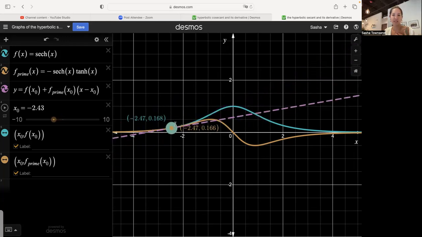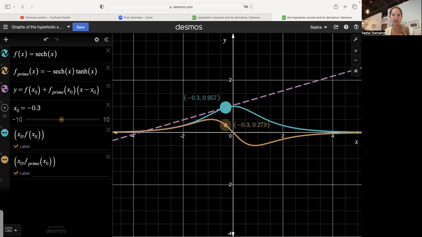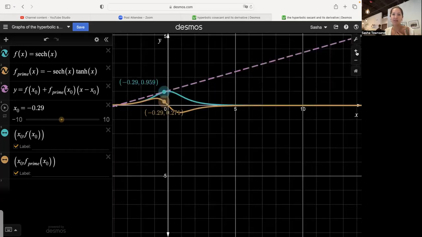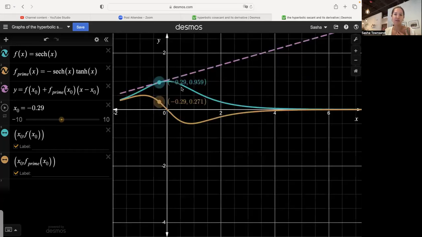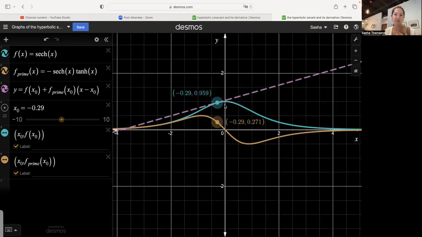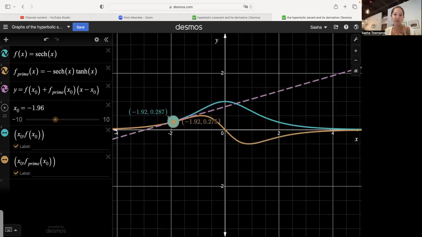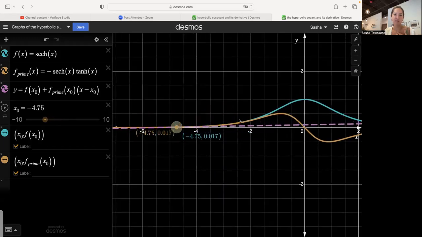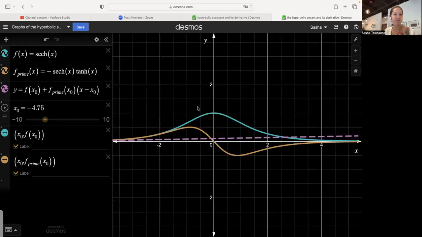So as I move that tangent line around, I can see that those derivative values are positive, but they become less positive. They approach 0 as x goes to negative 1. So we end up with something that looks roughly like that.